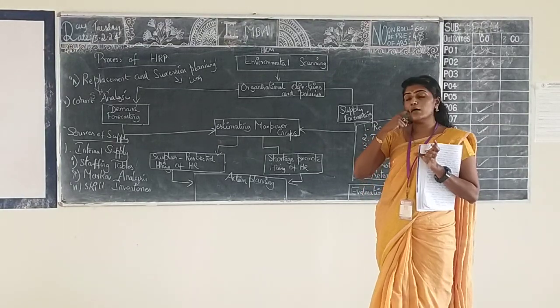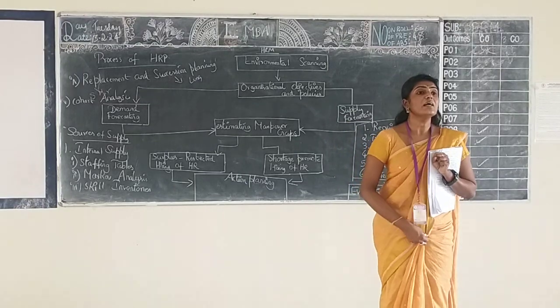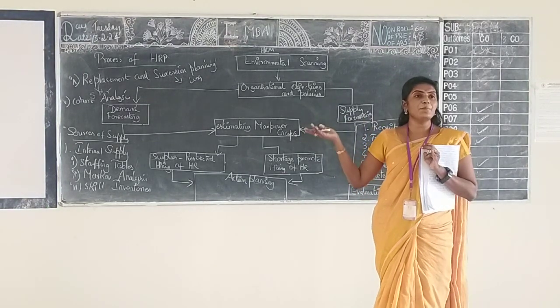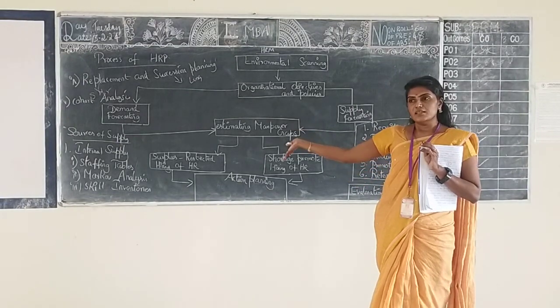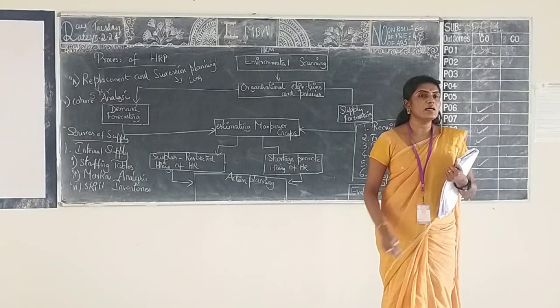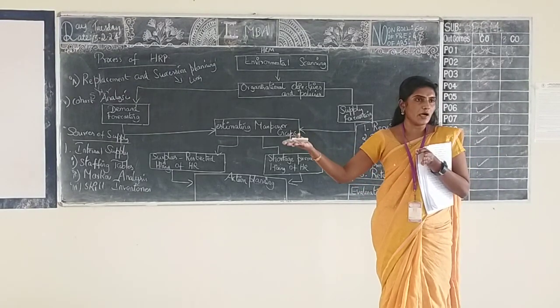So what is the best example for this external supply? Campus recruitment is one of the best examples. External supply is the outside recruitment, that is, from outside the organization only.